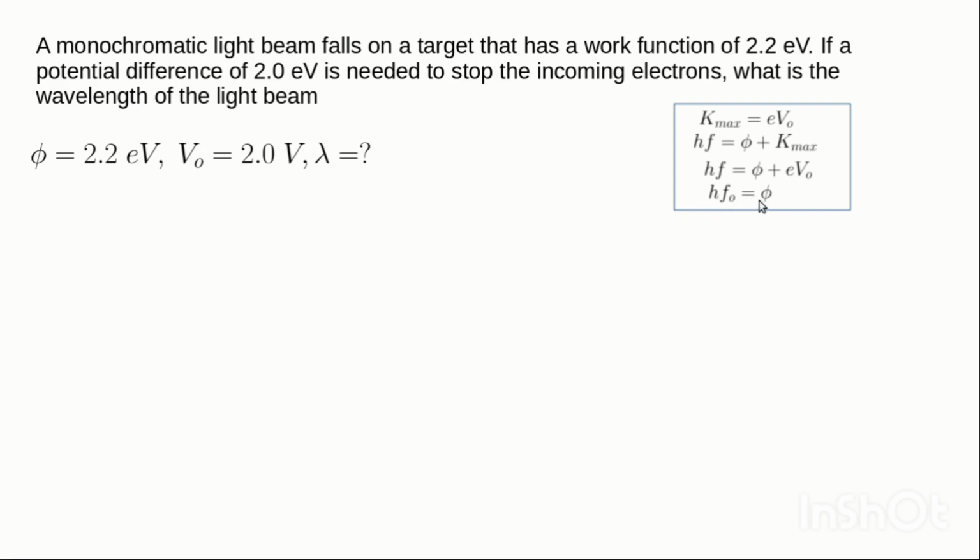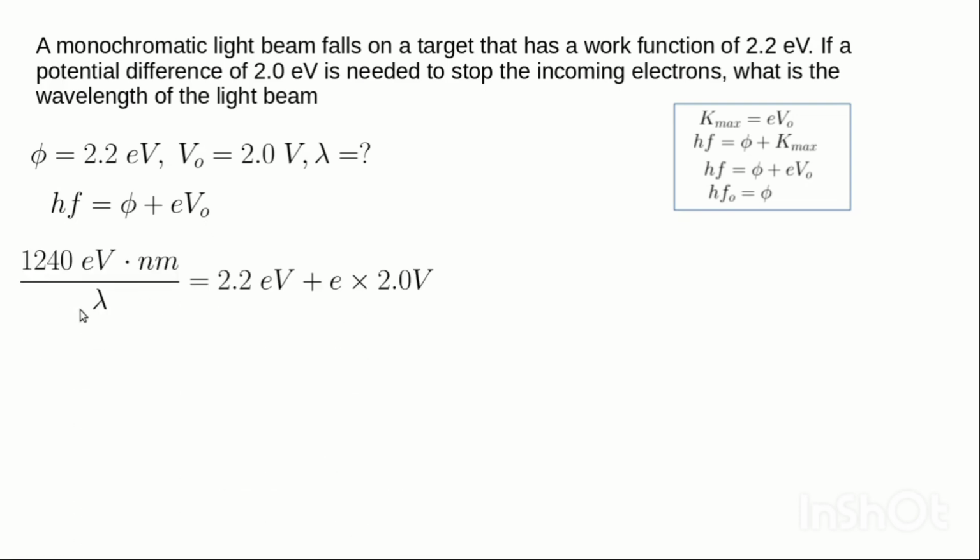Then, there is no kinetic energy or maximum kinetic energy, so we can eliminate this. So we fall back to this particular formula. Now we have hf equal to work function plus this expression. But mind you, our hf can also be replaced as hc all over lambda, where our hc is 1240, and so on and so forth.